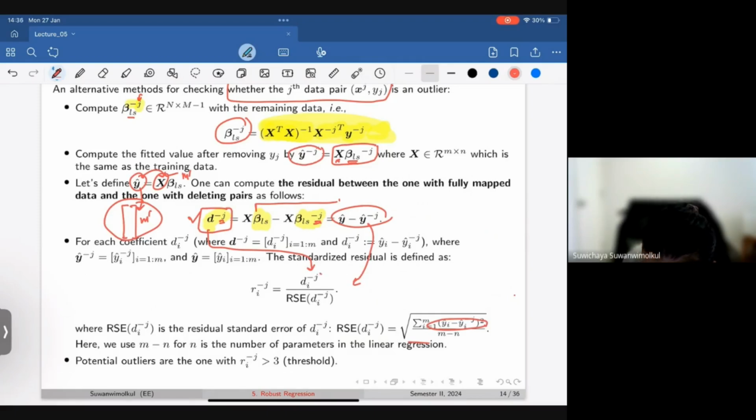If this value is high, that means you have a very high effect of removing the j-th training data.